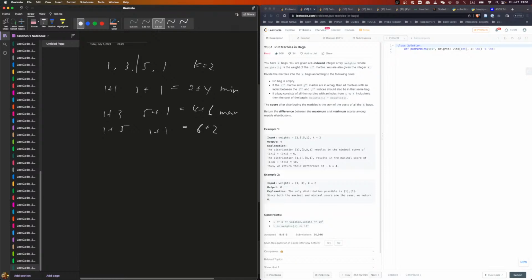Maybe we can do, I don't know, is DP going to work on this one? How many bags left, and the current position? No, that's going to be O(nK). That's definitely too big. Yeah, there's got to be a smarter way to do this.